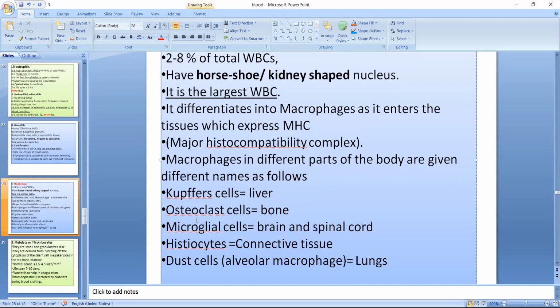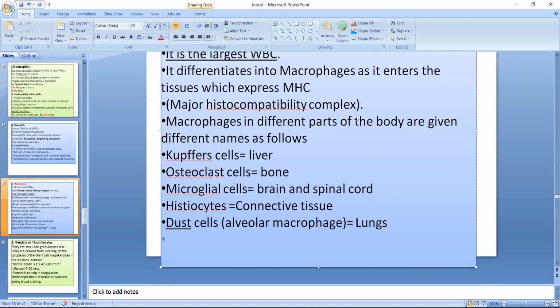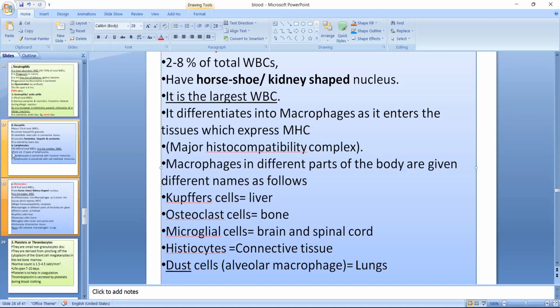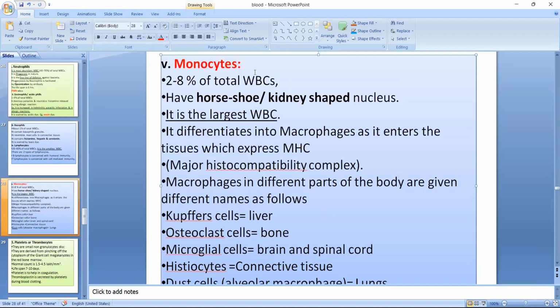Kupffer cells in liver, osteoclasts in bone, microglia in brain and spinal cord, histiocytes in connective tissue, dust cells or alveolar macrophages in lungs, and mesangial cells in kidneys. So monocytes are the largest WBCs. They are the phagocytes.